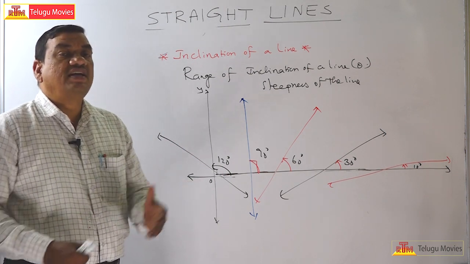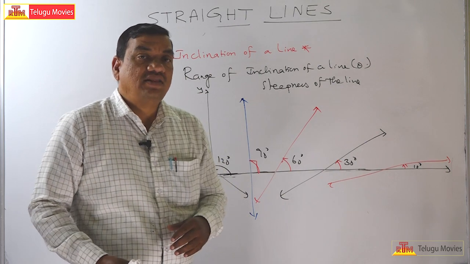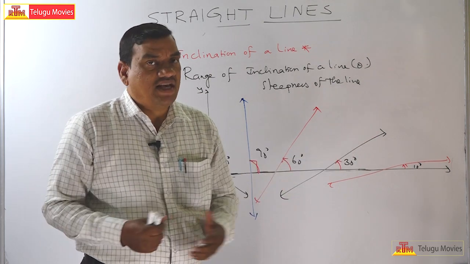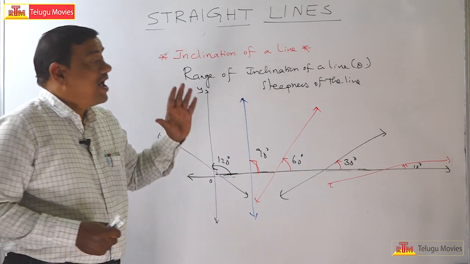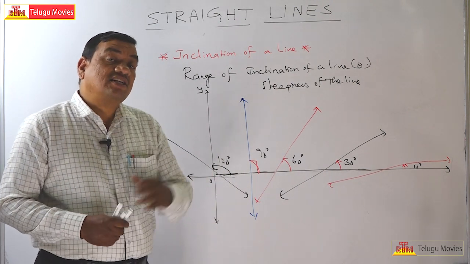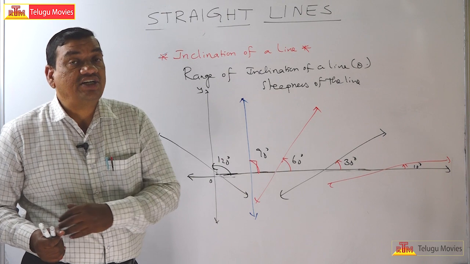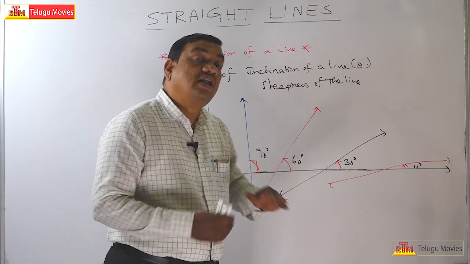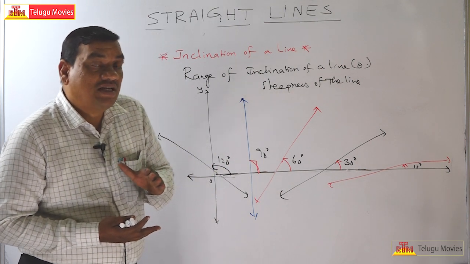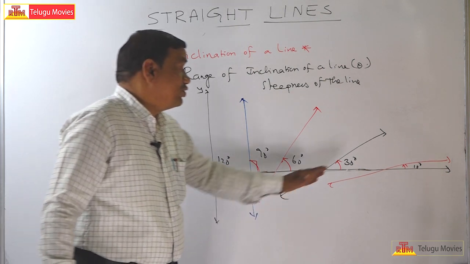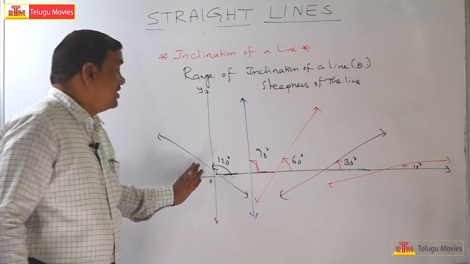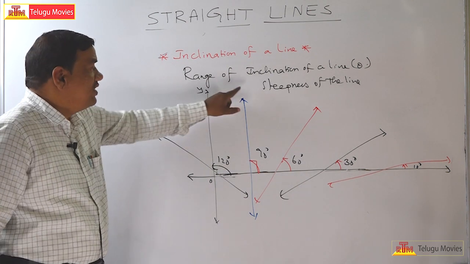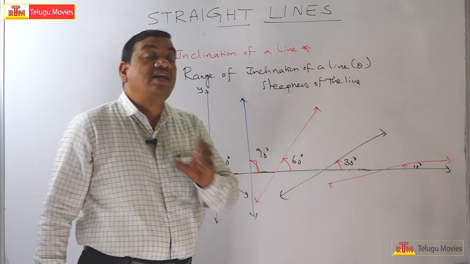If we take two lines in the plane, different persons will give different lines. But if I mention the inclination, say one is 30 degrees and one is 150 degrees, then you can imagine the lines and their steepness. So this is a 30 degrees line, this is a 120 degrees line. The inclination gives the steepness of the line.